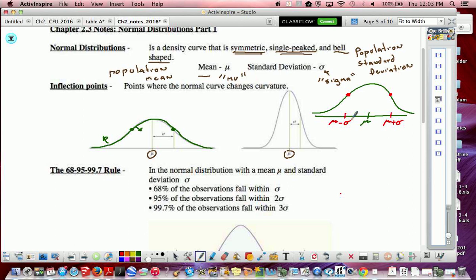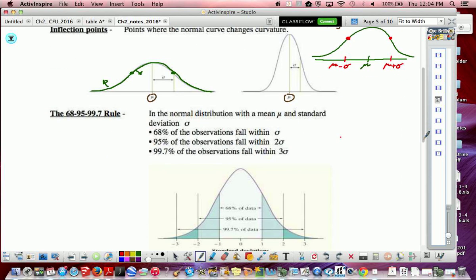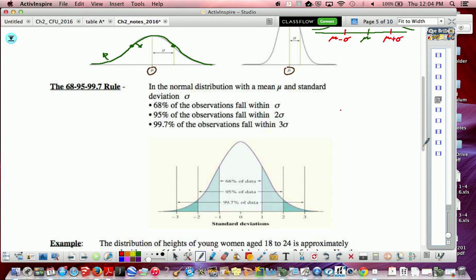So now, what's nice about the normal curve is it has some unique properties to it that we have discovered, mainly through the use of calculus. Now, calculus is not required for this course, and we don't make you do any type of calculus concepts in here. Okay? But one of the rules with normal curves that I had to memorize, and we still want you to know this.